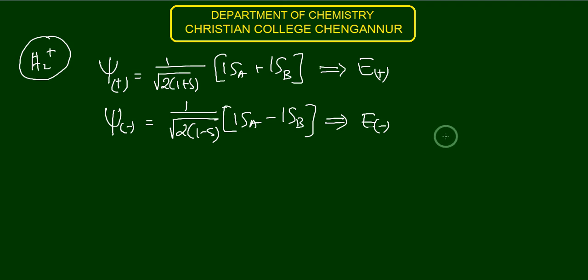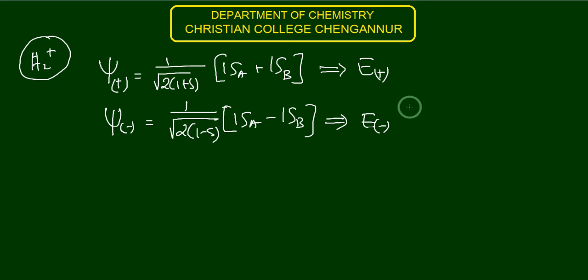It has a minimum means that its energy corresponding to that minimum is less than that of the individual hydrogen atomic orbitals.